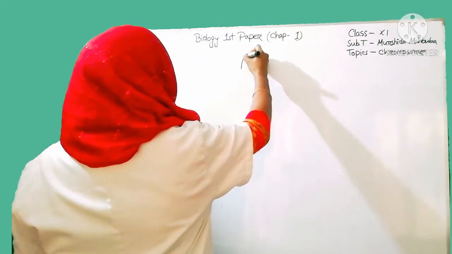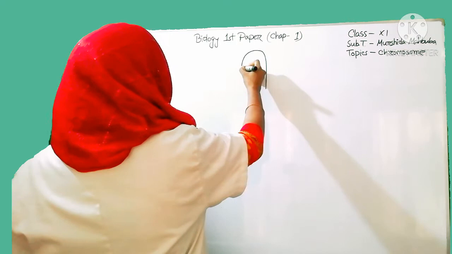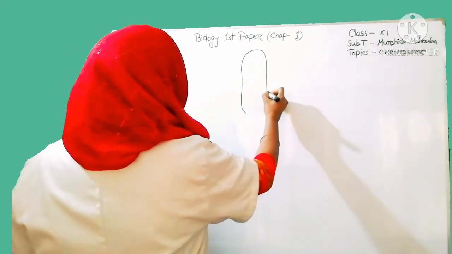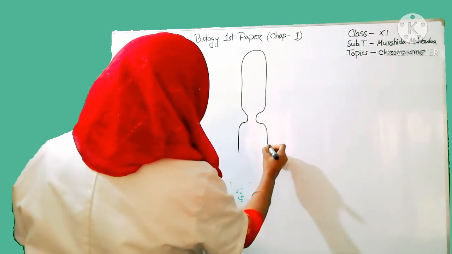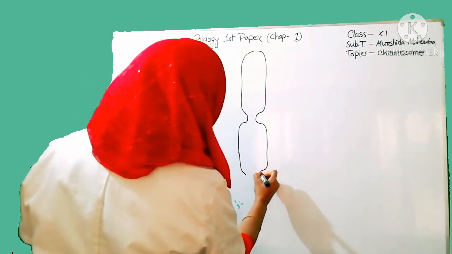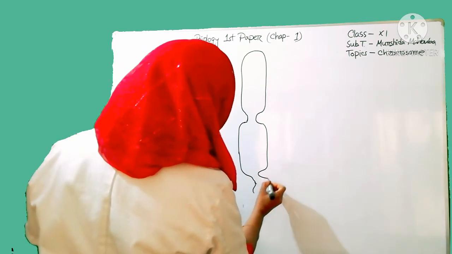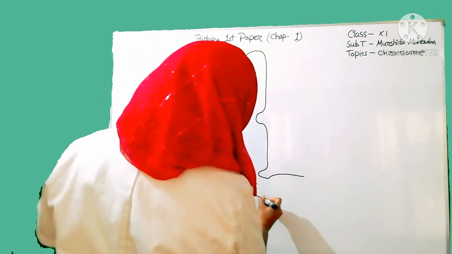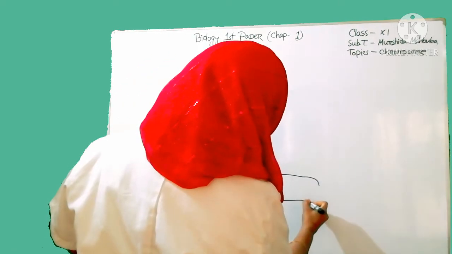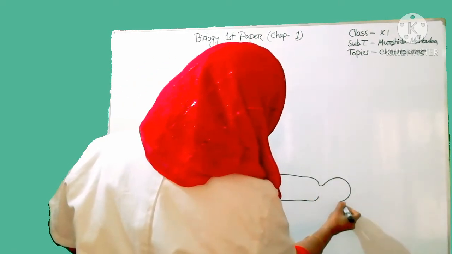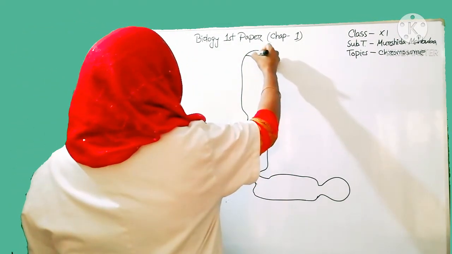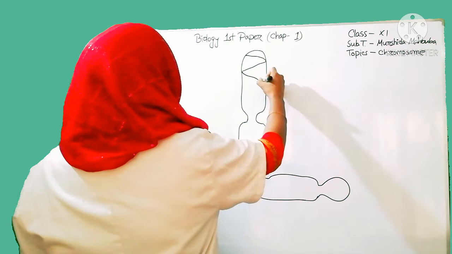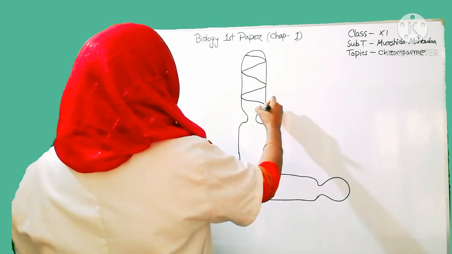Now we start to draw a chromosome. Physical structure of chromosome. This is the secondary constriction. This is the primary. Okay, now we make some thread-like structures inside the chromosome.